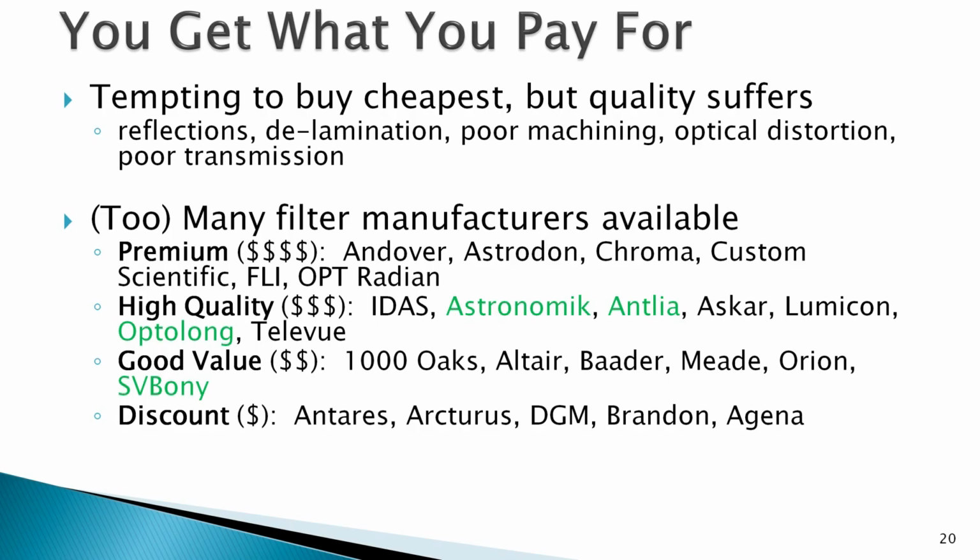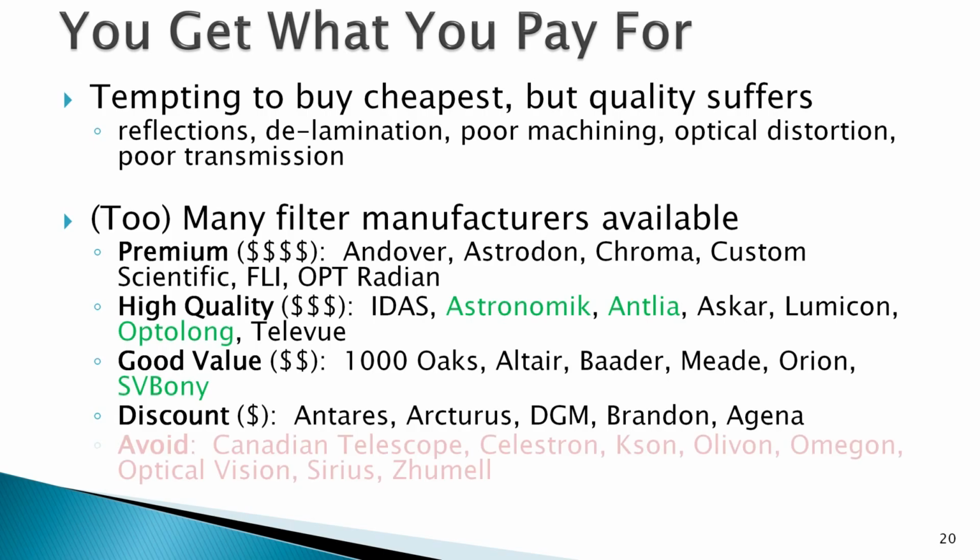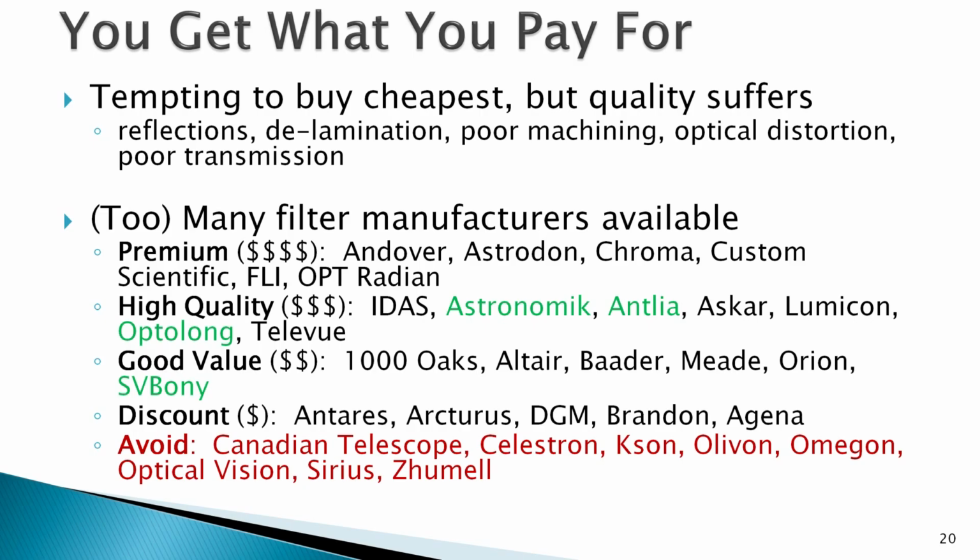The 5th group of filter manufacturers are brands that you should avoid, as in my experience, their filters often fall short of their published performance. Noted in green text are Astronomic, Antlia, and Optolong, which are my favorite brands in the high-quality category, and amongst the good value manufacturers I have had good success recently with SV Bonney.